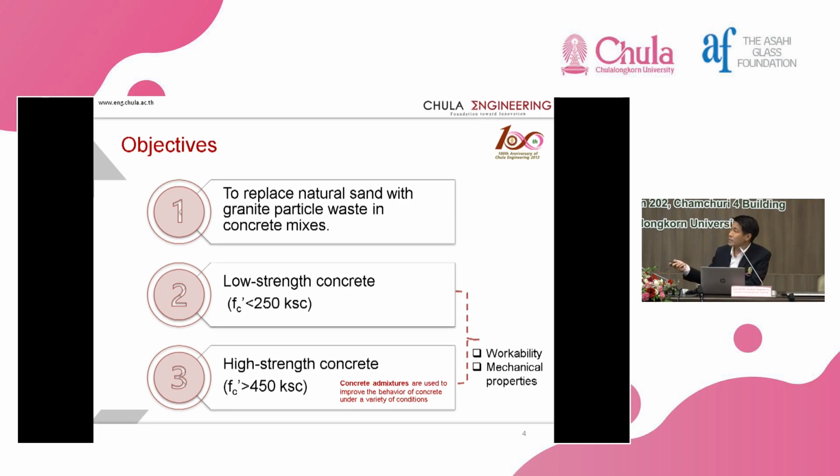The reason we target these 2 ranges is that low strength will benefit most people in many regions, because it is used for low-rise up to medium-rise buildings. And we target the high strength in the hope that it can be used for buildings between medium rise and high rise. So that's why we target these 2 strengths.